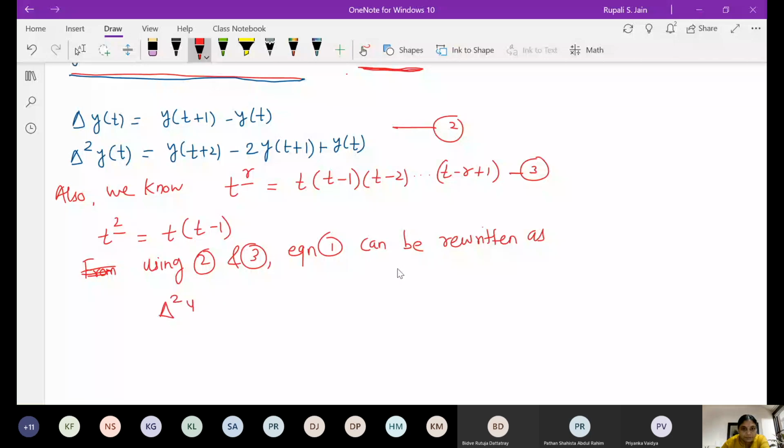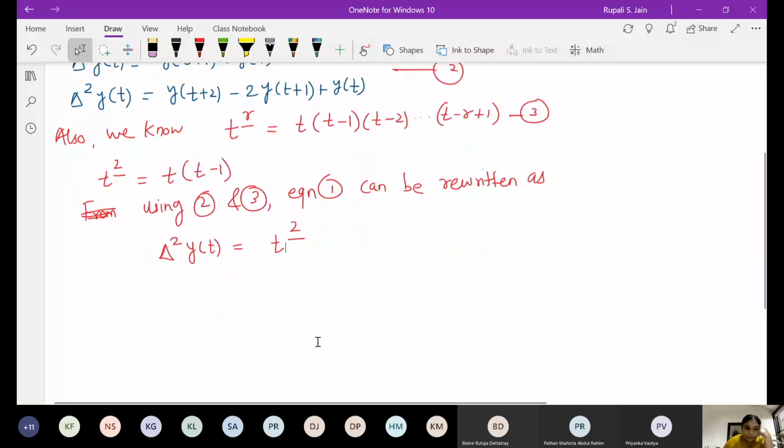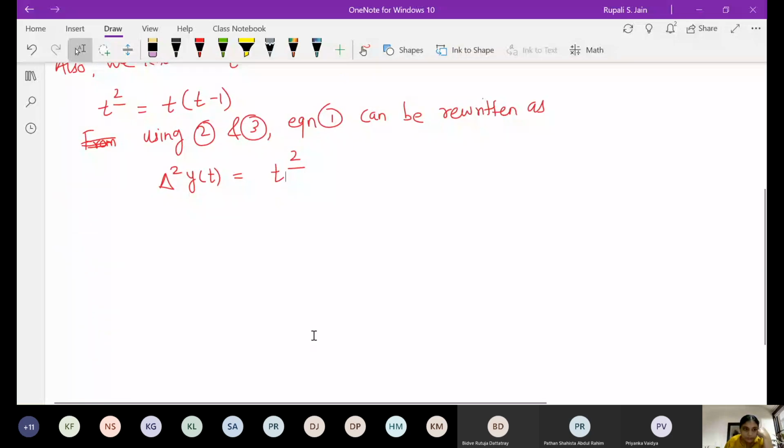Is that right? Now we know we proved the property yesterday.